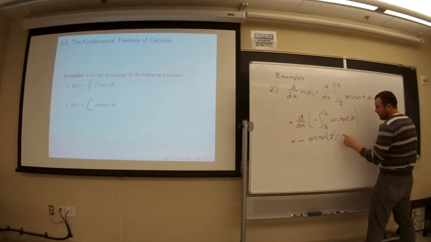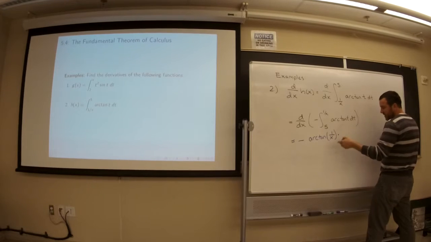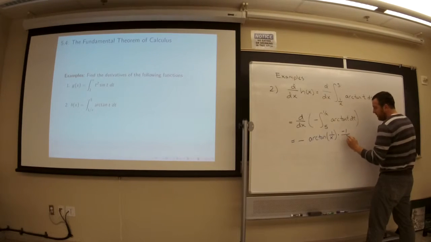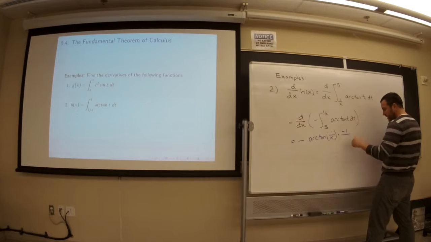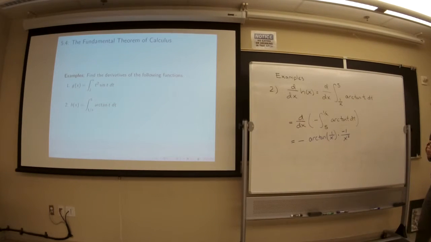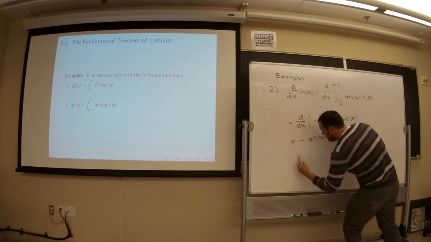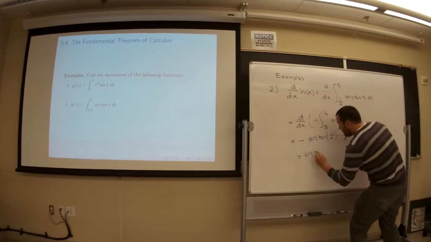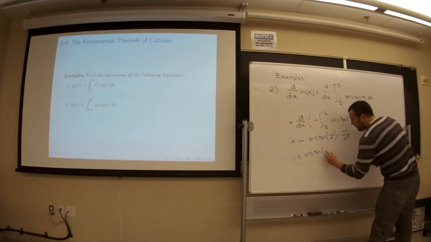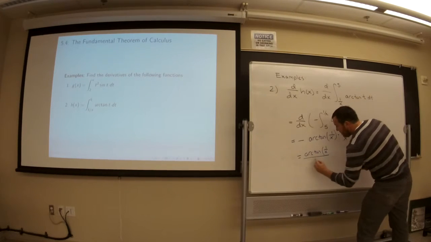We need to use the chain rule. So again, bring down the power. So we'll get negative 1 over x to the negative 2, so over x squared. And again, the negatives cancel. And we can write it as arctangent of 1 over x divided by x squared.